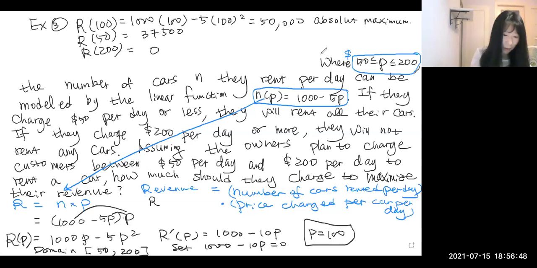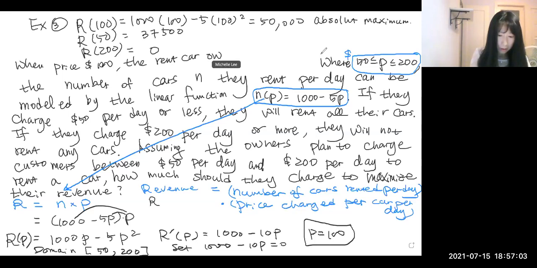So the price is $100, and the company maximizes revenue.